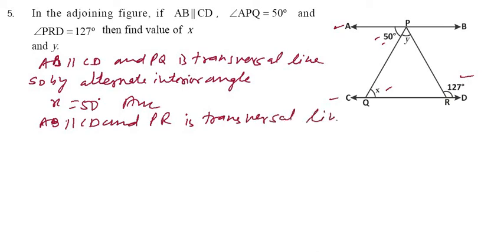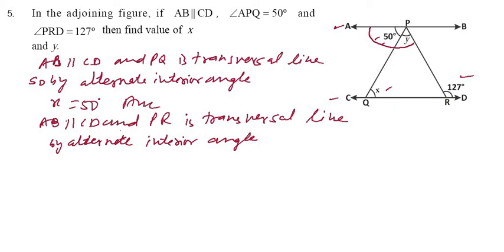That means by alternate interior angle, the total of this angle is also 127.